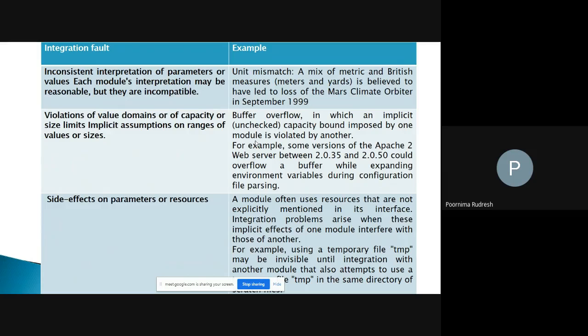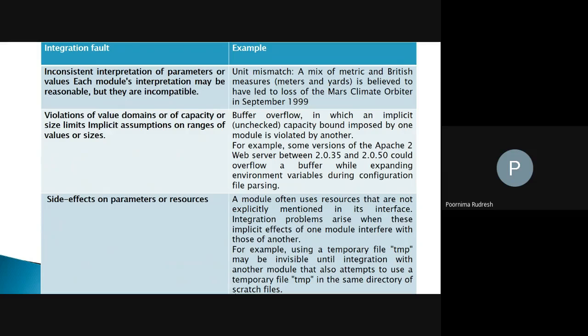Next one is side effects on parameters and resources. As we know, a module may use resources that are not explicitly mentioned in its interface. Then the integration problem arises when these implicit effects of one module interfere with those of another module. The example is using a temporary file TMP. It may be invisible until the integration with another module that also attempts to use a temporary file TMP in the same directory of scratch files.